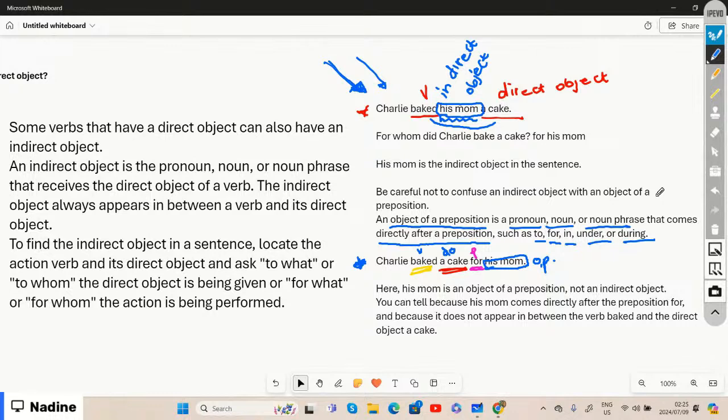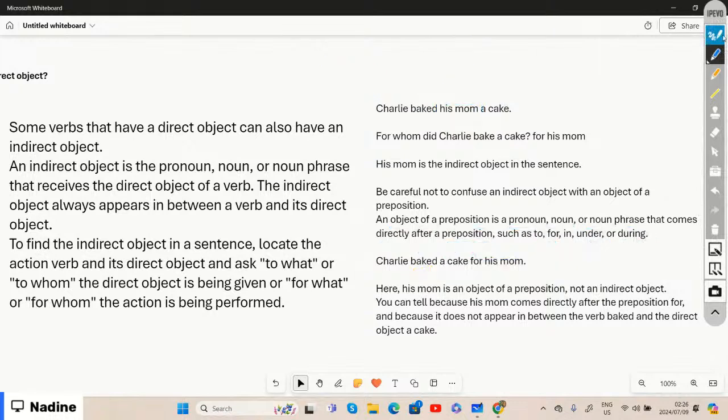That means it's an object of preposition. And an indirect object, just to clarify, always appears between a verb and a direct object. So let us not confuse that.